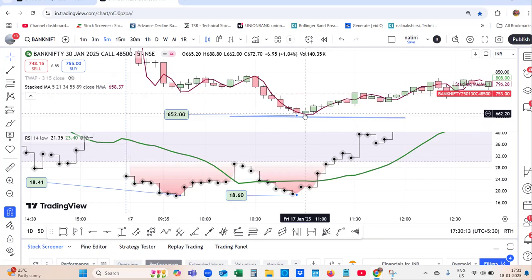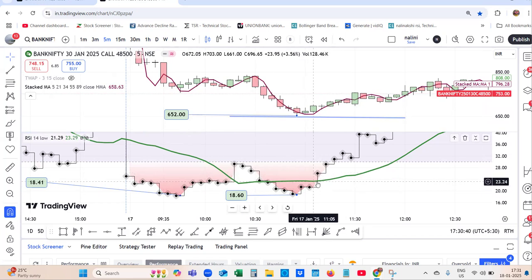Already a bullish candle is formed with the stacked moving average, the 5-period Hull moving average, HMA. I had explained how it is superior to all other moving averages. So I've tweaked it to the very best moving average. With this, we are getting confirmation.